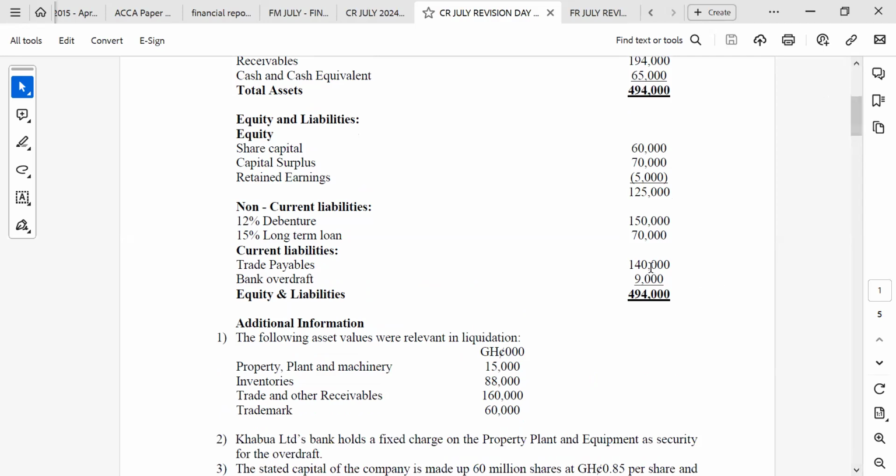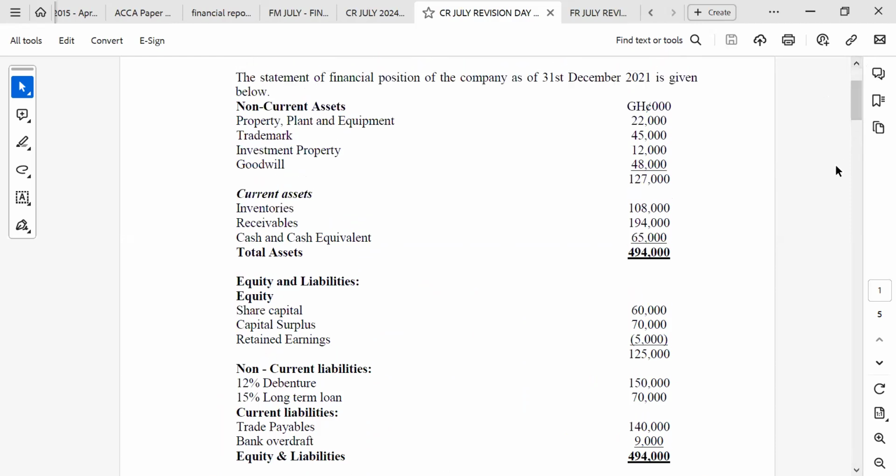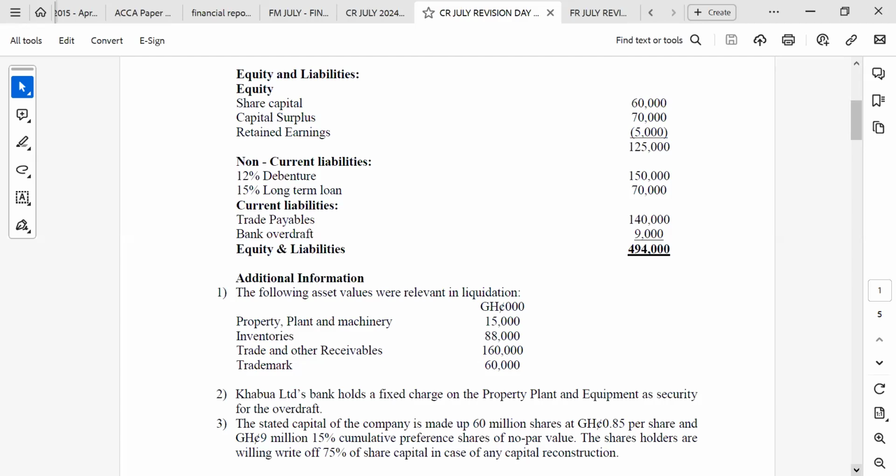Okay, it will be left with 90. And a long-term loan also. The long-term loan also, if you add it to what are we getting? We're getting 160. So can our remaining proceeds be able to settle all? Yes, we have a remaining proceed, 189. Okay, so you can settle all of them, isn't it?